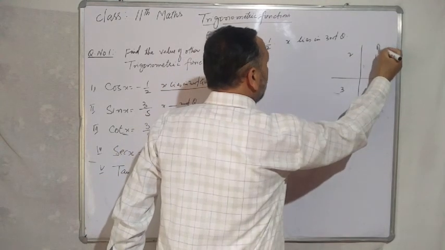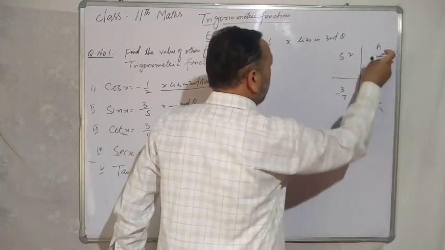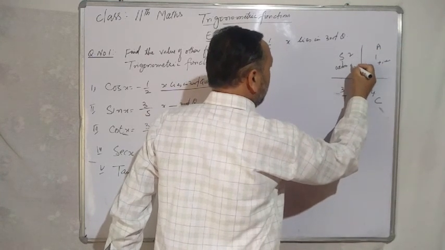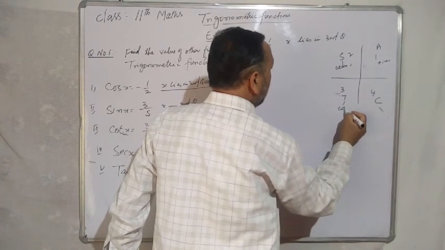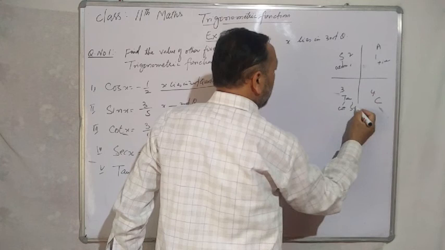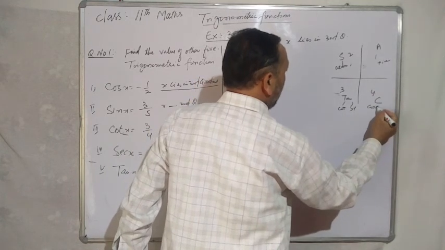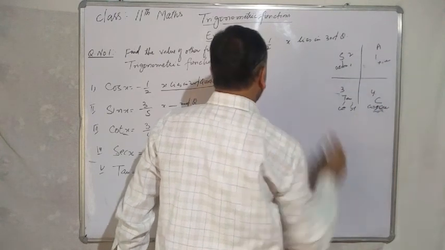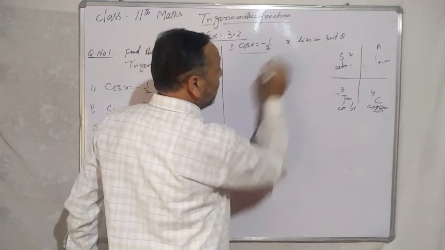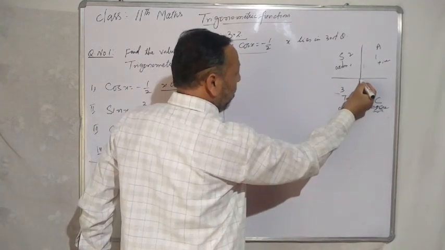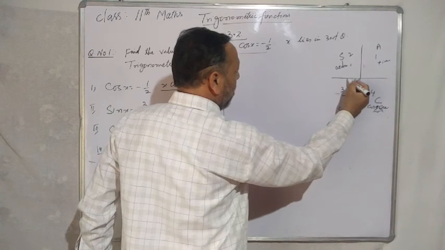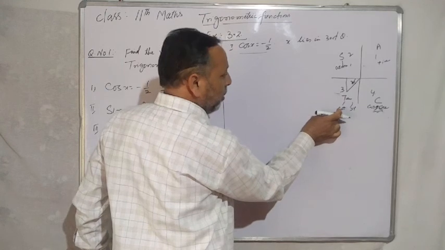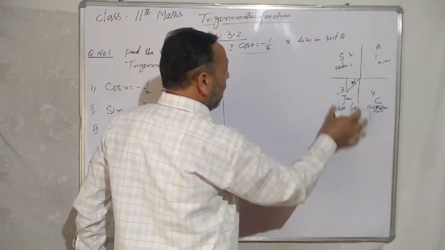Remember: after school to college, all positive, sine and cosec positive, tan and cot positive, and here cos and sec are positive. Now x lies in the third quadrant. That means tan x and cot x will be positive. All others will be negative.